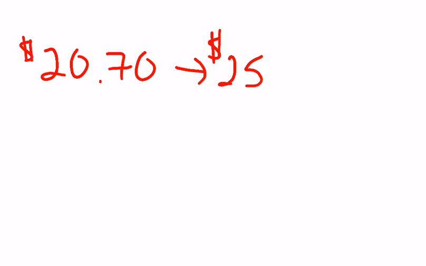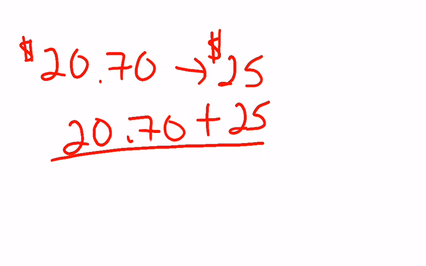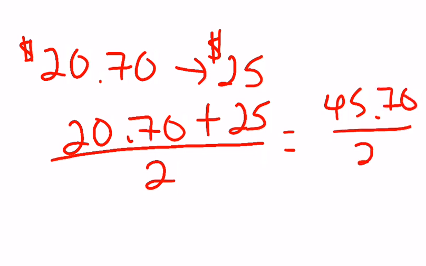To find the average price, we add these two together and divide by how many numbers we have, and that will tell us the average. We know the range is between those two numbers, but what's the average? So 20.70 plus 25 is 45.70, and we divide that by 2, and we get 22.85. So the average price for a tourist is going to be $22.85.